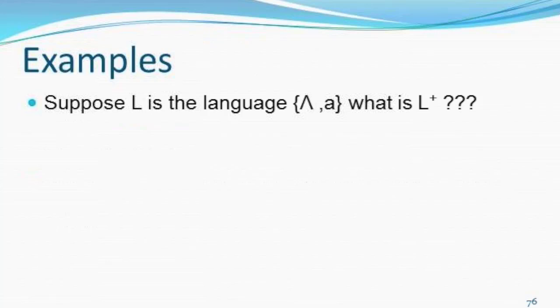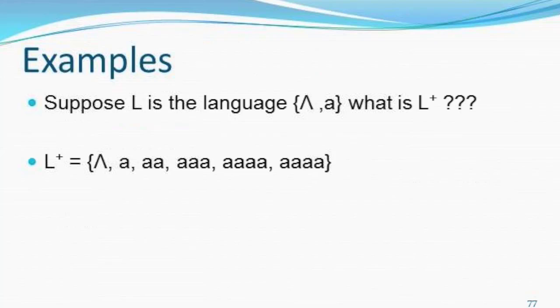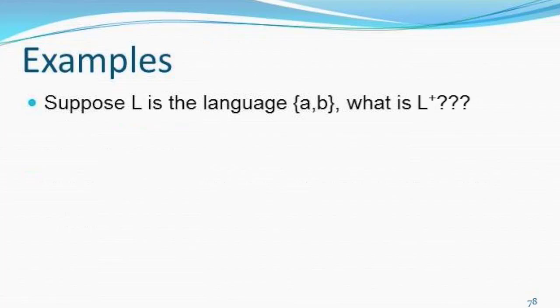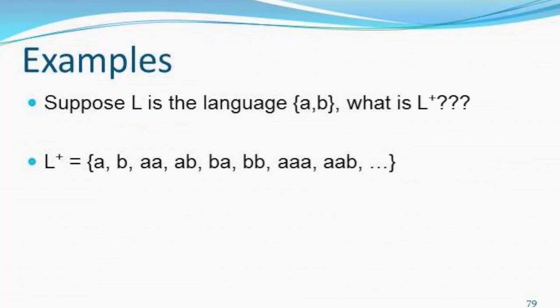But if L is the language containing lambda and A, then L plus does indeed have lambda in it, right? Because L to the 1 includes lambda. If L is the language containing two strings, A and B, there's L plus.